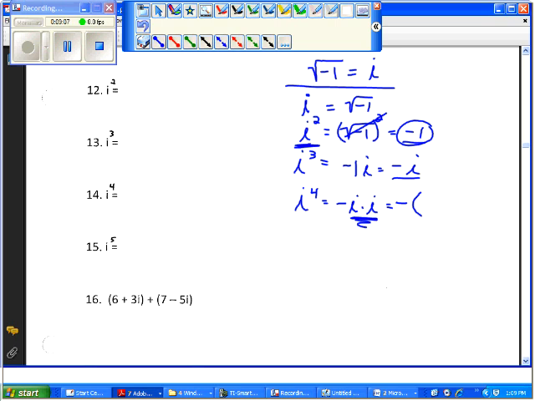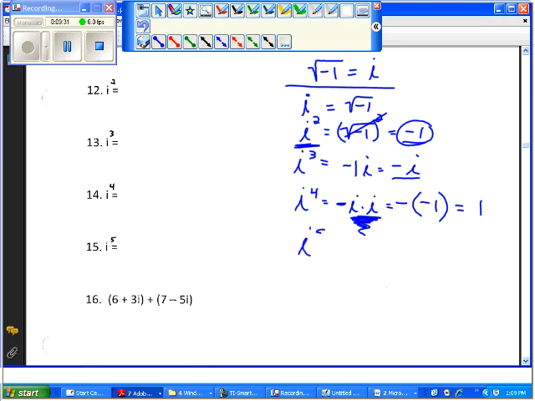What's i squared? Okay. So the i times i part is -1. So we have the negative of -1, which is +1. So i to the fourth is +1. I'm just adding an i every time.